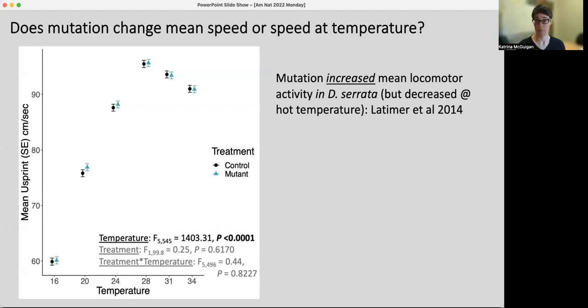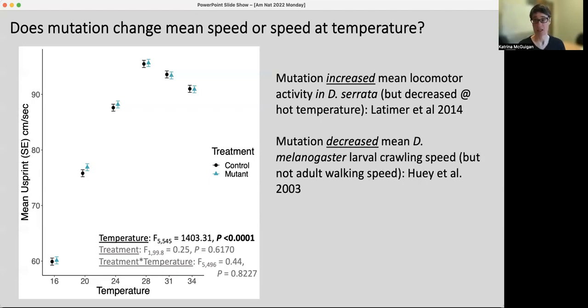So that's quite a different result to what we have here for these fish. There's no temperature involved, but just looking at mean performance, other work by Huey and colleagues in Drosophila melanogaster spontaneous mutation accumulation lines found that for larval but not adult locomotion there was a directional bias of mutations, and it went in the opposite direction to the predominant pattern from the Latimer study.